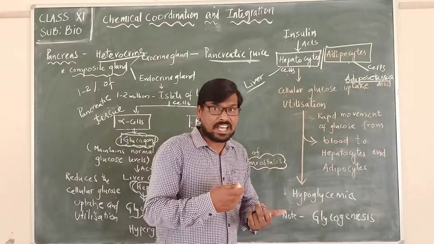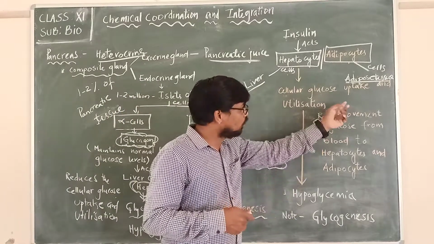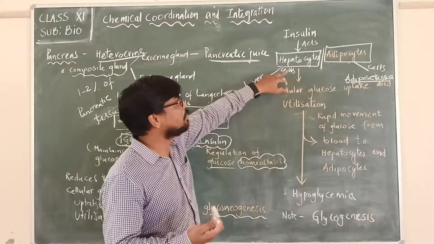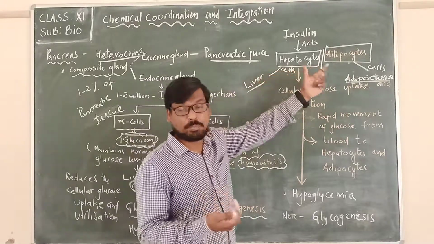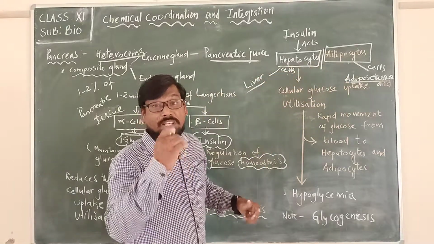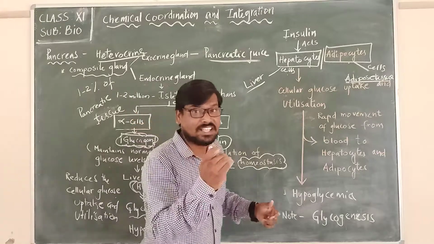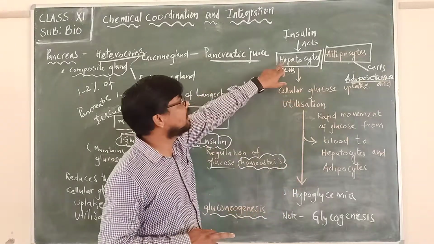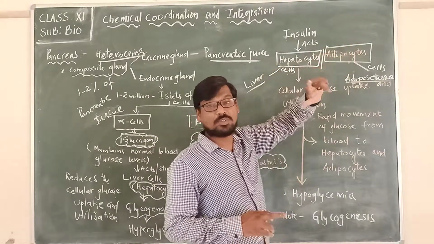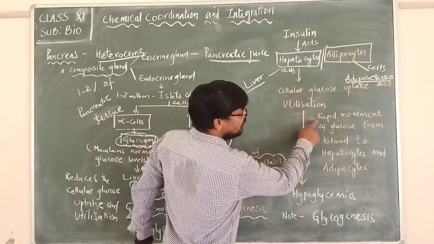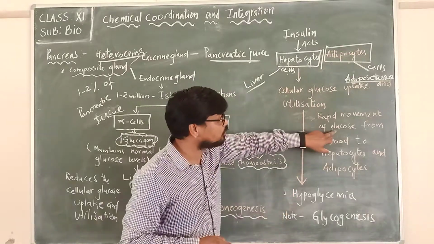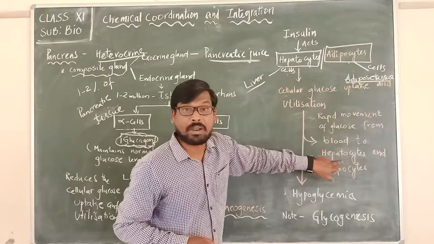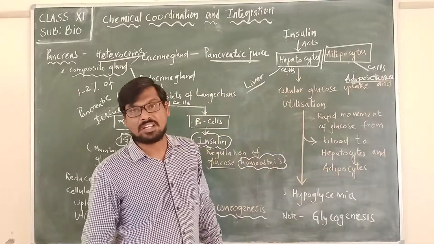So when the cells are taking the glucose that is present in the hepatocytes or in the adipocytes, there will be a decrease in the glucose levels in the hepatocytes and adipocytes. So here, there will be rapid movement of glucose from the blood to the hepatocytes and adipocytes.